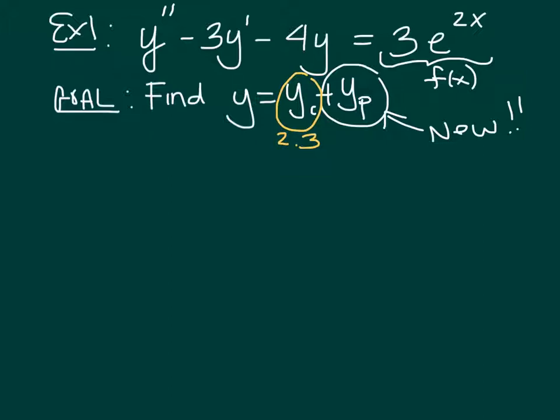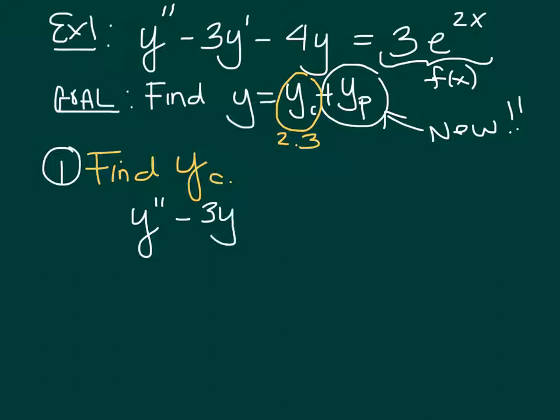Okay, so step 1, from the first video, was to find y sub c, and this is from section 2.3. So let's write our homogeneous second order differential equation. We have y double prime minus 3y prime minus 4y, and we set that equal to 0.